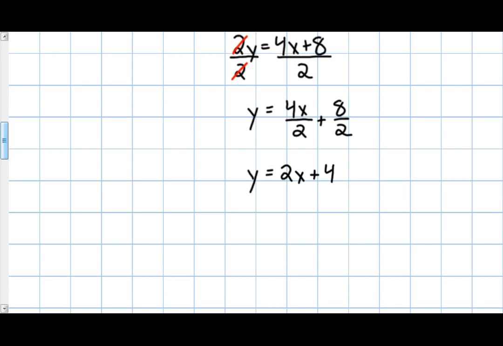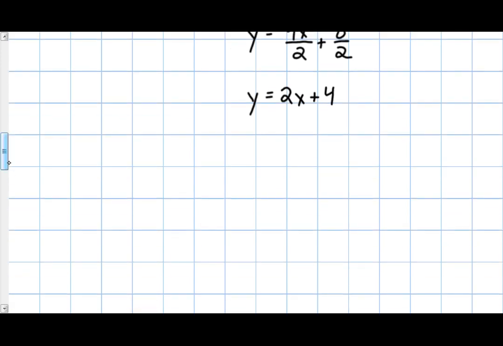Now it's looking good. Now I'm in point slope form, and I can easily figure out the slope and the y-intercept. So the slope equals 2.